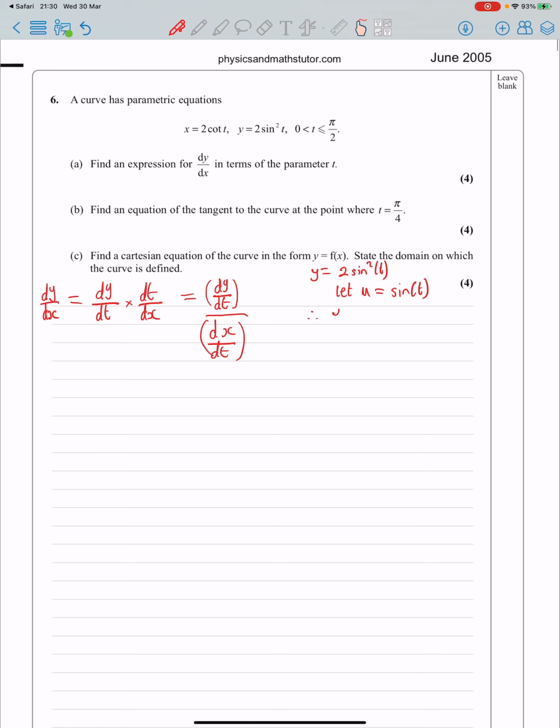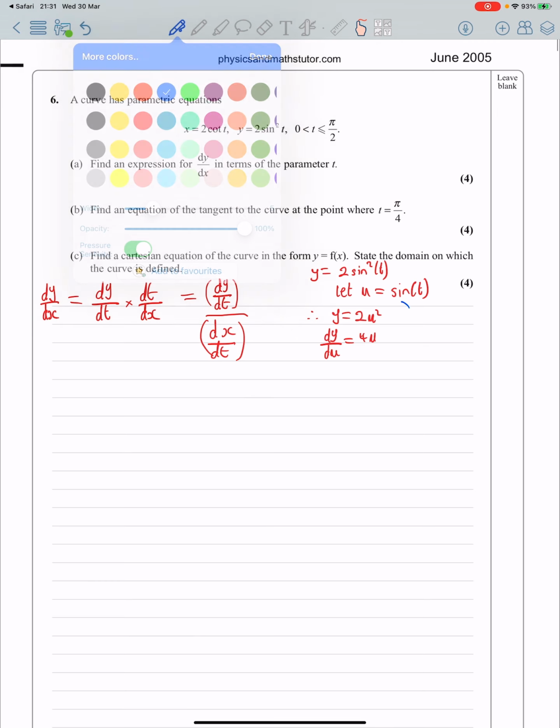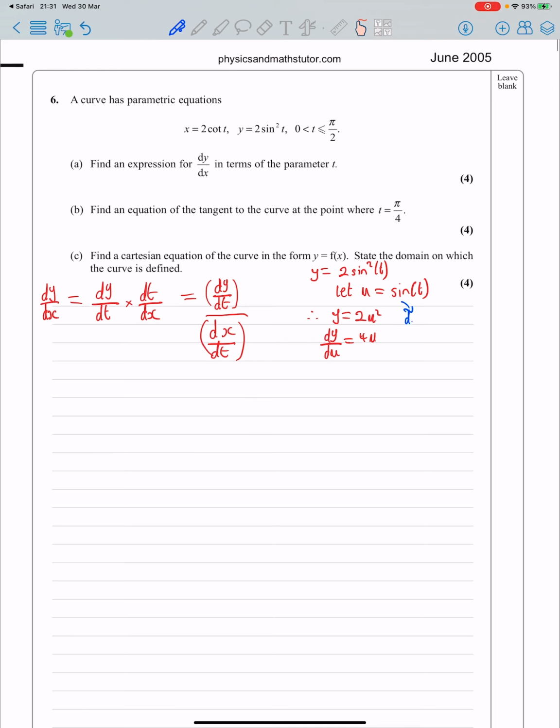Therefore, I have that y is equal to 2u squared. And I'm going to work out what dy/du is. That's equal to 2 times 2 is 4, u to the power of 1. And from this, I can also work out that du/dt is equal to cos of t.